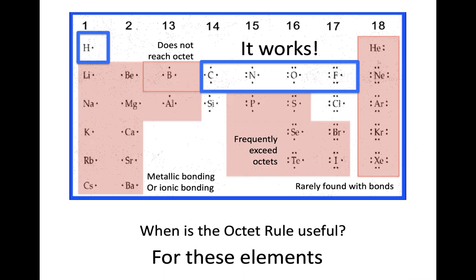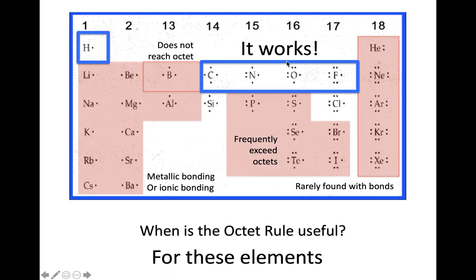And we might think, well, look, you've eliminated a lot of the periodic table. But you know what? All of organic chemistry, carbon, nitrogen, oxygen, these are the elements crucial to life, okay? In your bio class, almost everything you look at is carbon, nitrogen, oxygen. So I'm not dismissing the octet rule.